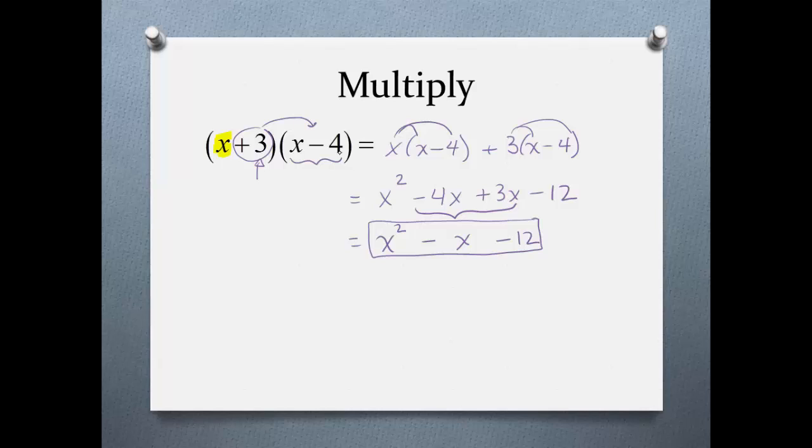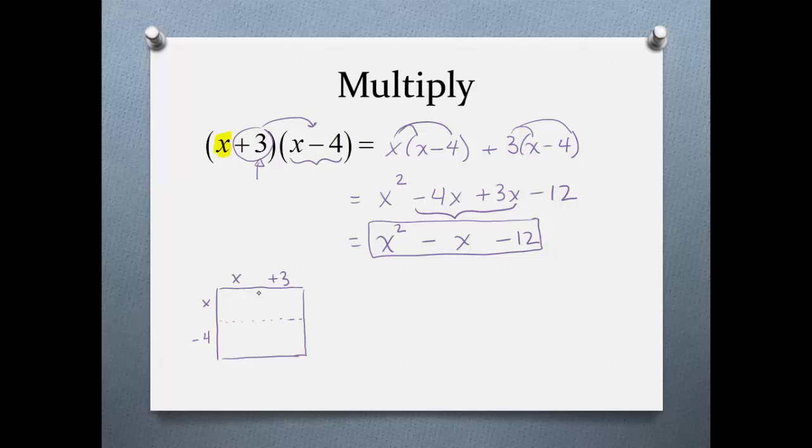Now one other way that I could show this, if you've ever seen the area model for multiplying polynomials, I can think of x plus 3 being the width on one side and x minus 4 being the length on the other side.